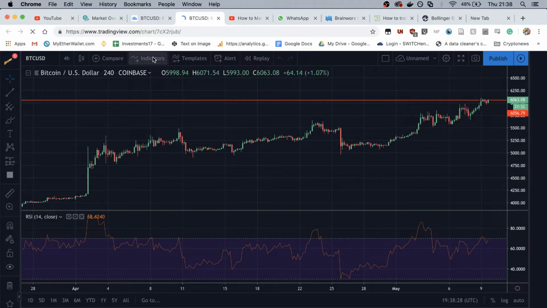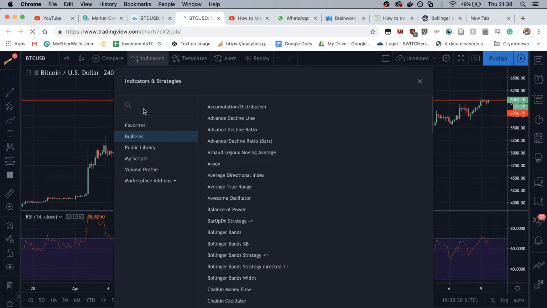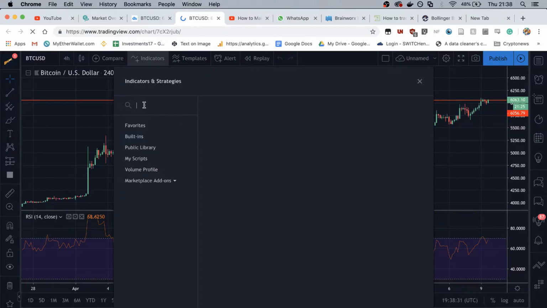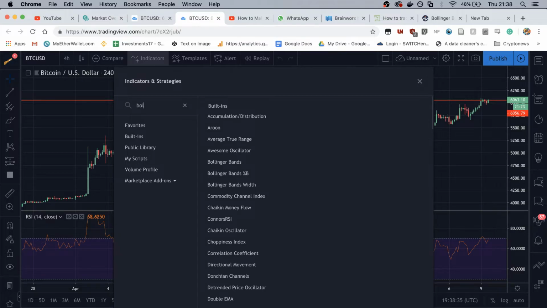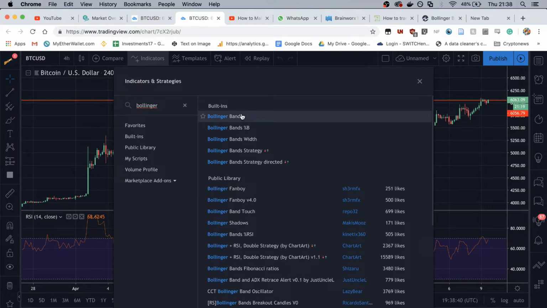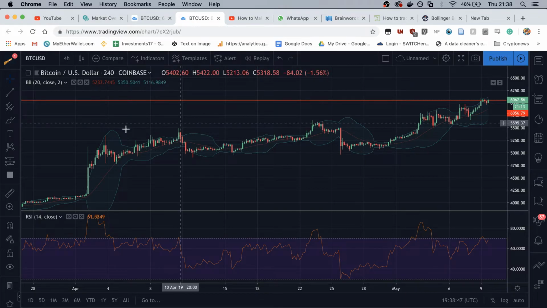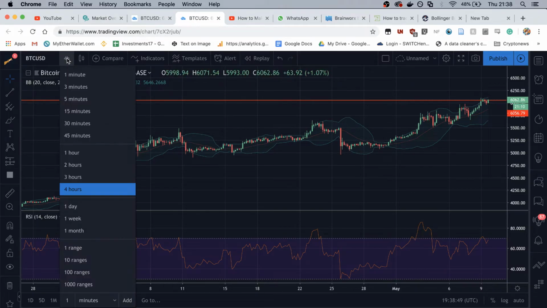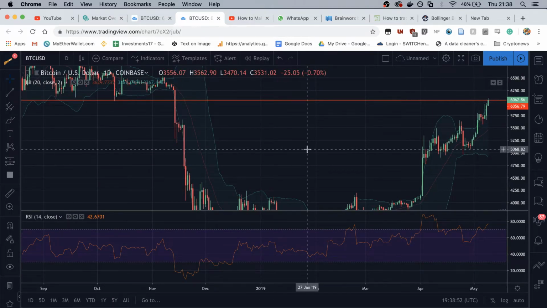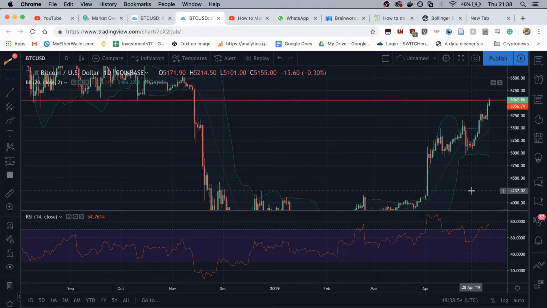Here we've got our indicators, and we can select here Bollinger Band. And we can say this one, and as you can see, it added the Bollinger Band to our chart. It will adapt based on each time frame that we select.